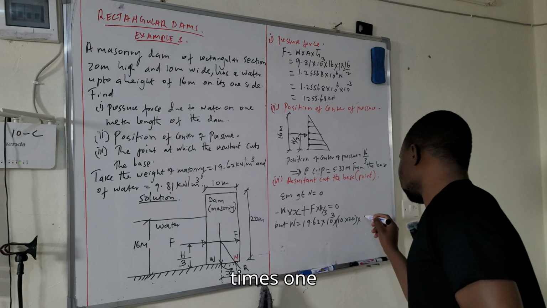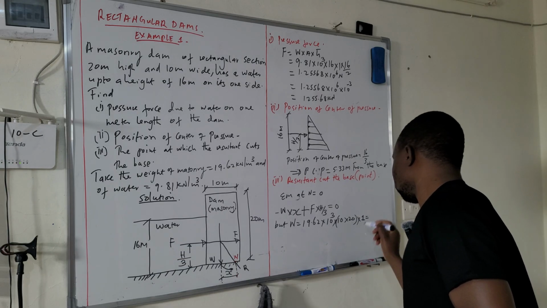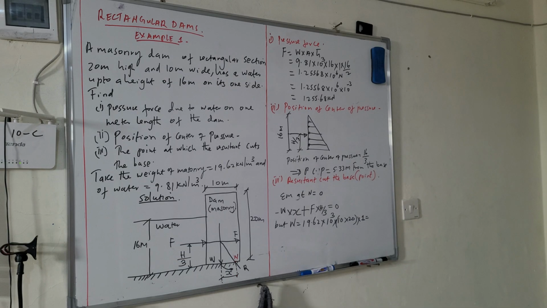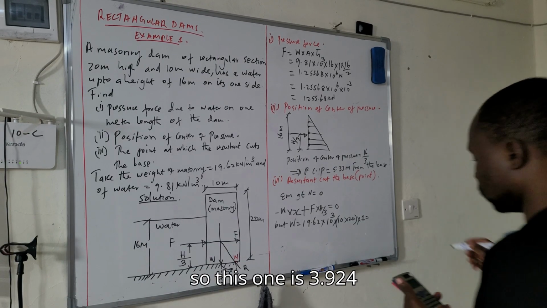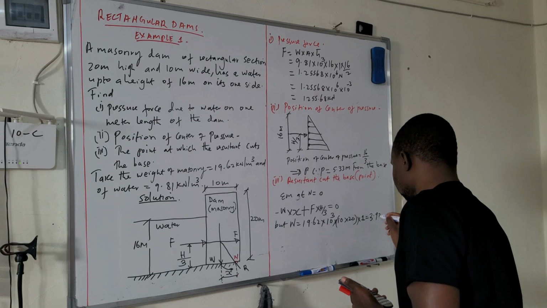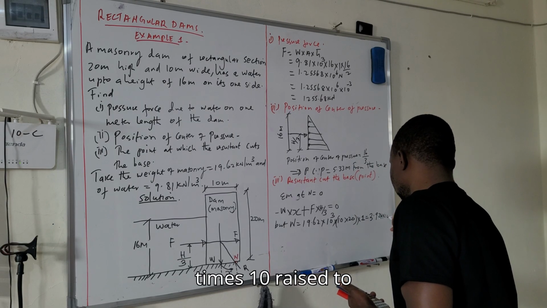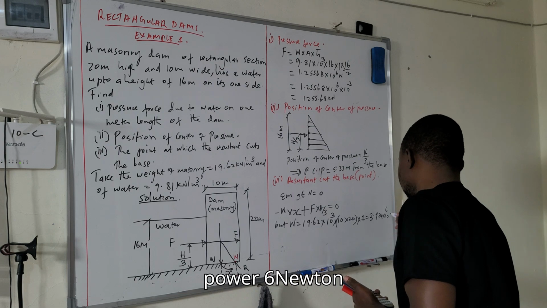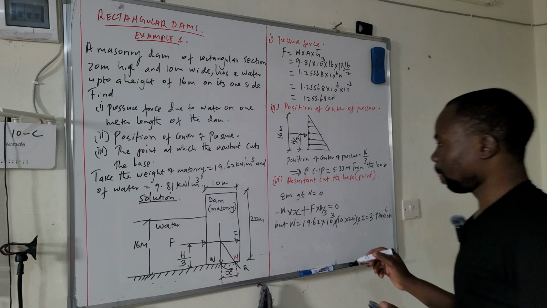So times 1. So this one is 3.924 times 10 raised power 6 Newton.